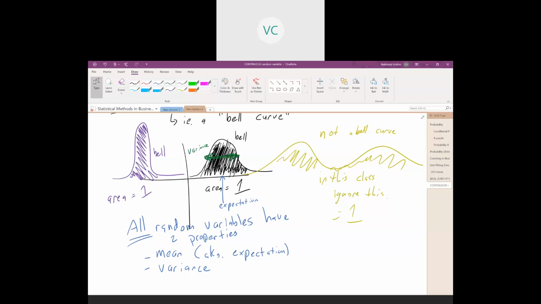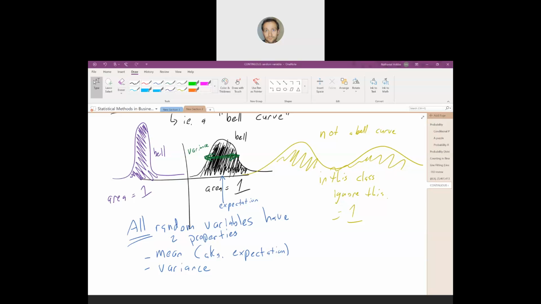That's it. Excellent. So for every single random variable, for every single probability distribution, all of them will have these two values. They will have a mean and they will have a variance. Vincent made a very good observation that if it's fat, it has a high variance. If it's thin, it has a low variance.